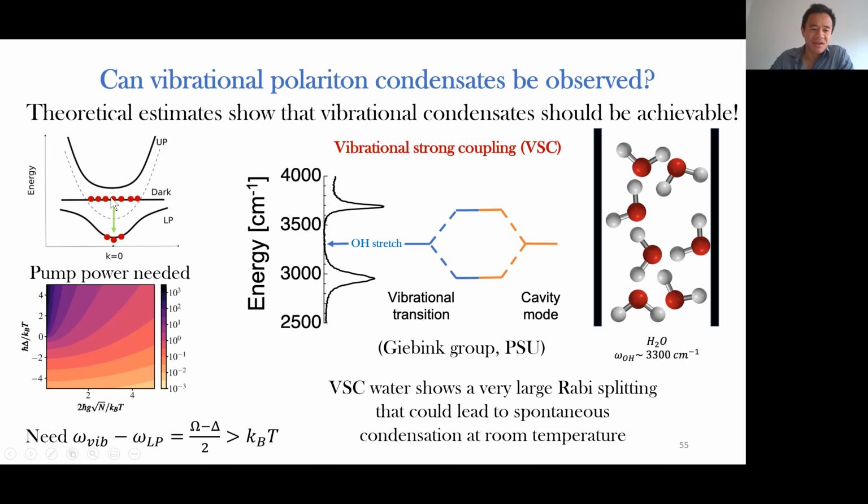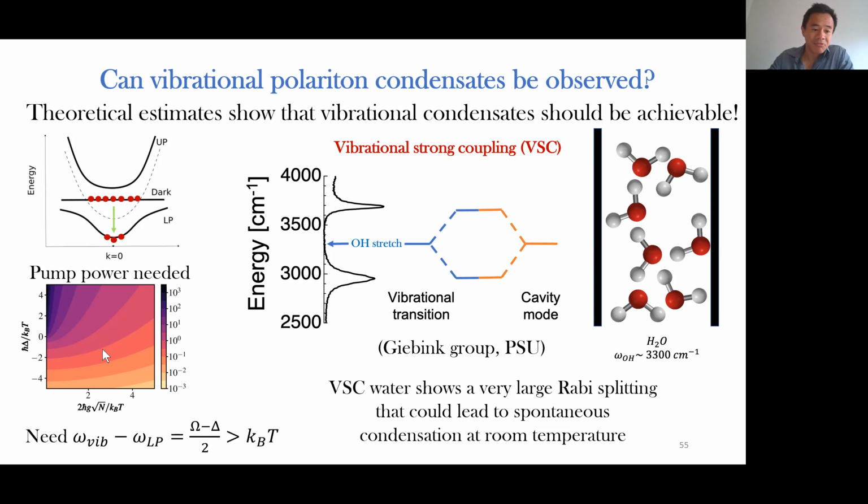It's that the separation between the dark state and the lower polariton needs to be very large. That gives you a little bit more parameter space to play with, and the mathematical condition that you need is that the Rabi splitting minus the light-matter detuning needs to be larger than k_B T.